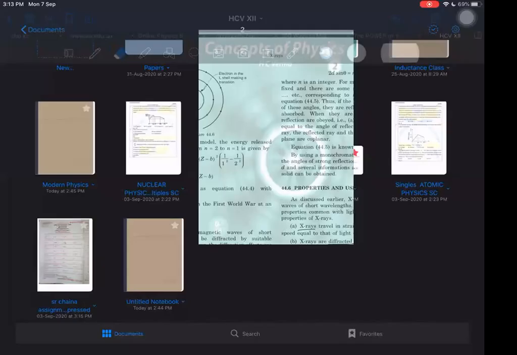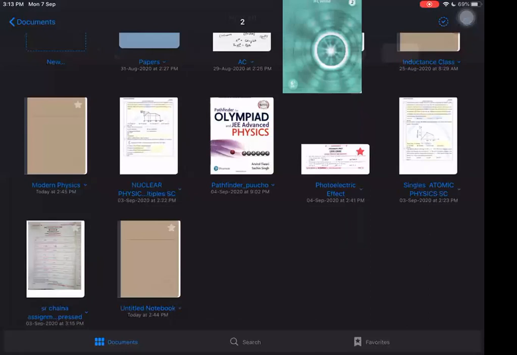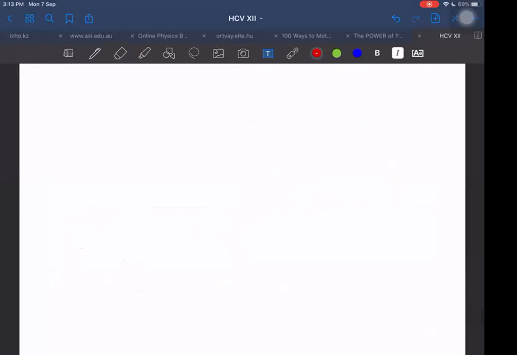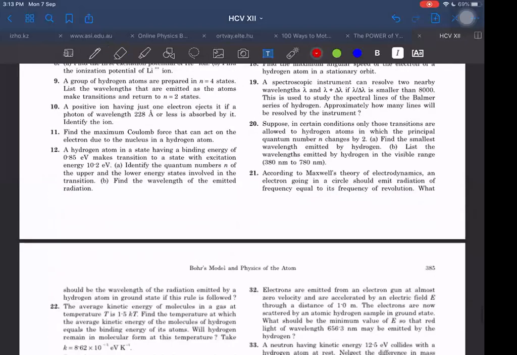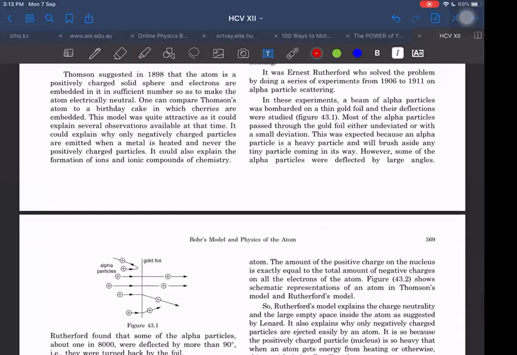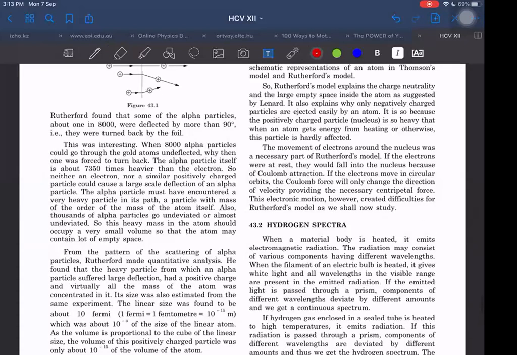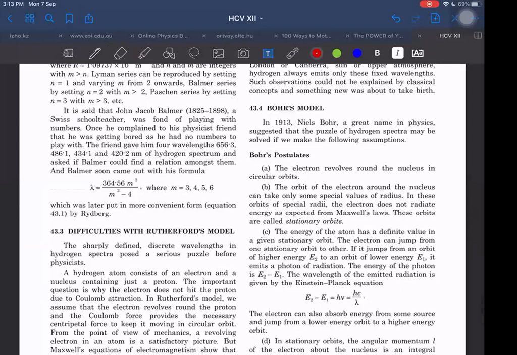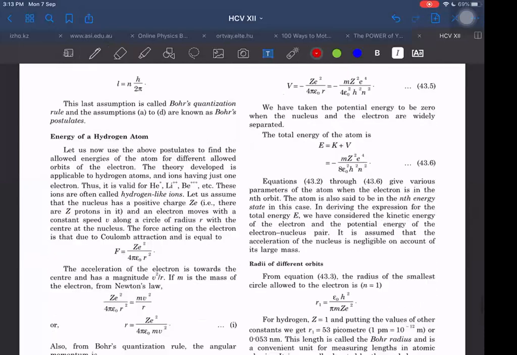Okay, wait a second. Now, before I explain other things, I will have to jump back to the previous chapter. Those things are a must in order to get a detailed idea of Bohr's atomic model. And Bohr's atomic model, I will prefer to take myself only, not from here.